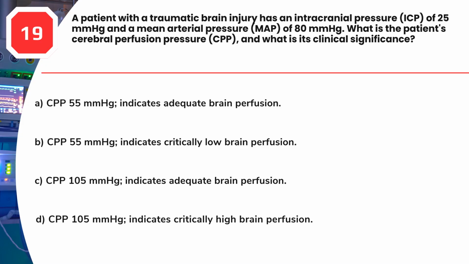A. CPP 55 millimeters of mercury indicates adequate brain perfusion. B. CPP 55 millimeters of mercury indicates critically low brain perfusion. C. CPP 105 millimeters of mercury indicates adequate brain perfusion. D. CPP 105 millimeters of mercury indicates critically high brain perfusion.